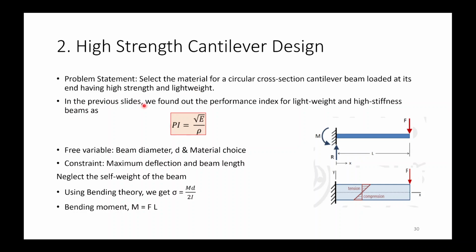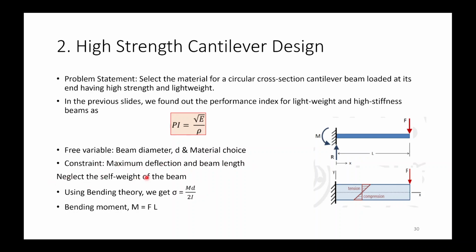In the previous slide we found that the performance index for a lightweight, high stiffness beam was root E upon rho. Here the free variables are beam diameter and material choice, and the constraints are maximum deflection and beam length, so these will be constant.